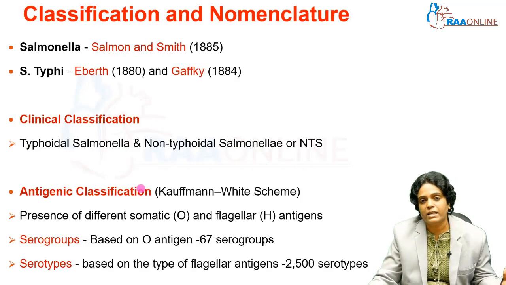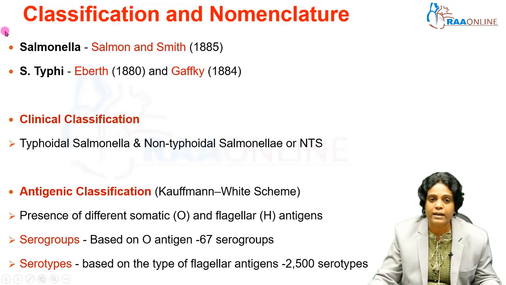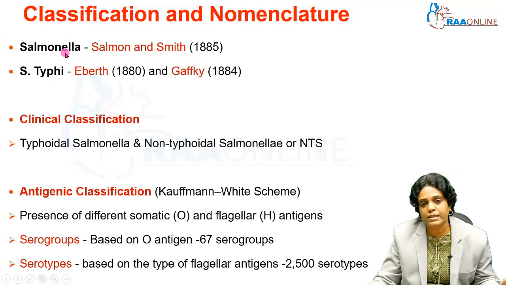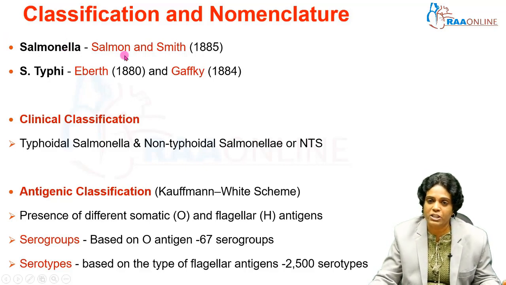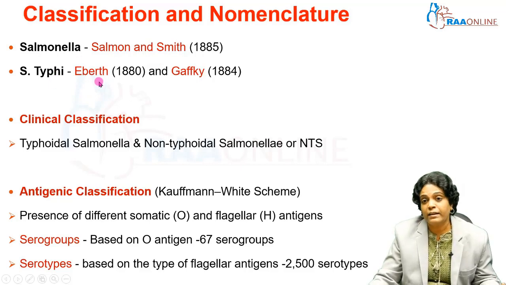Now coming to the classification and nomenclature of the genus Salmonella. The genus was first discovered by Salmon and Smith in 1885. Later, the serotype Salmonella typhi was discovered by Eberth and Gaffky, so it was also called Eberthella typhi or the Gaffky bacillus, but now we call it Salmonella typhi.